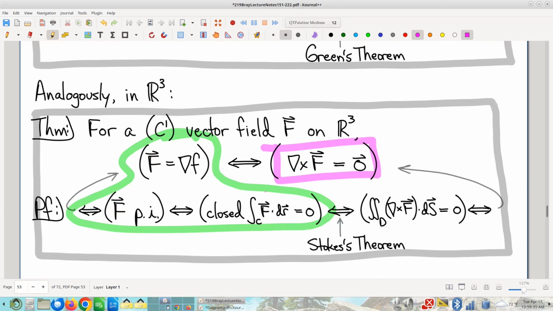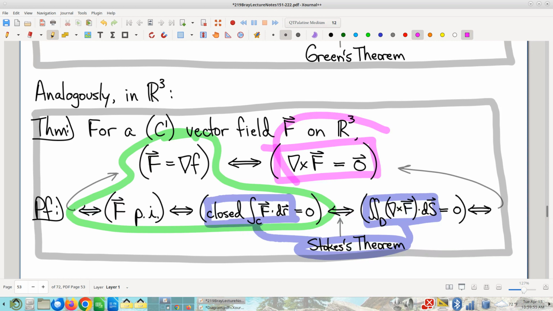It's no big deal: Stokes' theorem. Stokes' theorem, you will notice, literally and exactly tells us that boundary circulations, closed circulations, are flux of curl. And then you make the analogous argument here.